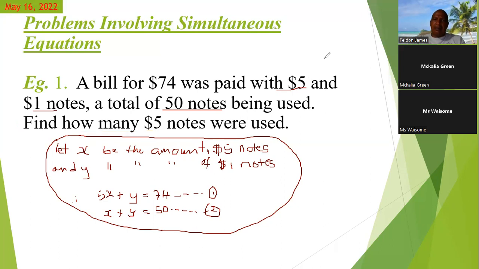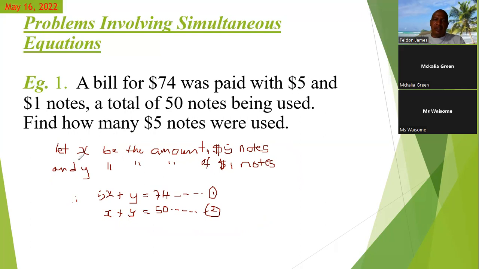In other words, what variable we're using for $1 and what variable we're using for $5. So we're using x for the amount of $5 notes, and we're using y for the amount of $1 notes. Now, with that said, the next thing we want to do is to see how we can formulate two equations with x and y. Now, if you have a bill which is $74, you pay it with $5 notes and $1 notes.